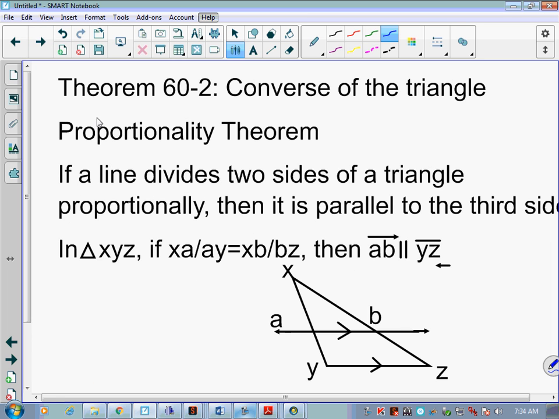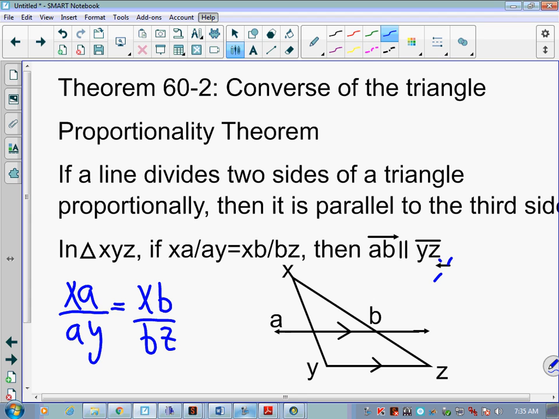Theorem 60-2 is the converse of that proportionality theorem, mainly stating that if it divides the triangle proportionally, if I know that XA over AY is proportional to XB over BZ, and we start off with that information, then I know that these lines are parallel.